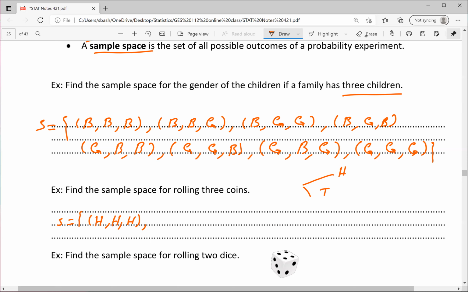Or head, head, and tail. This is H for head, and T for tail. Or it might be head, tail, and head. Or head, tail, and tail.